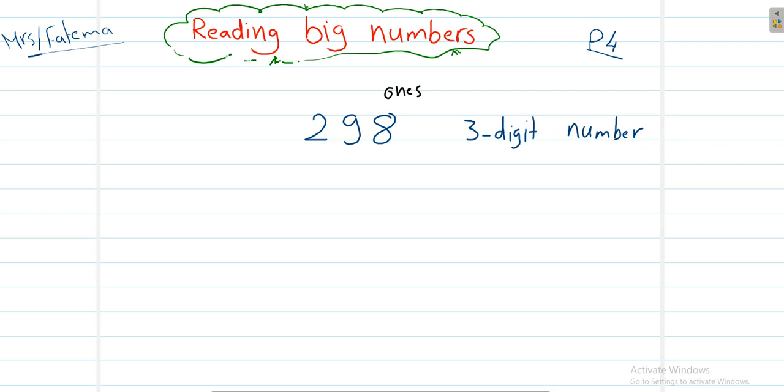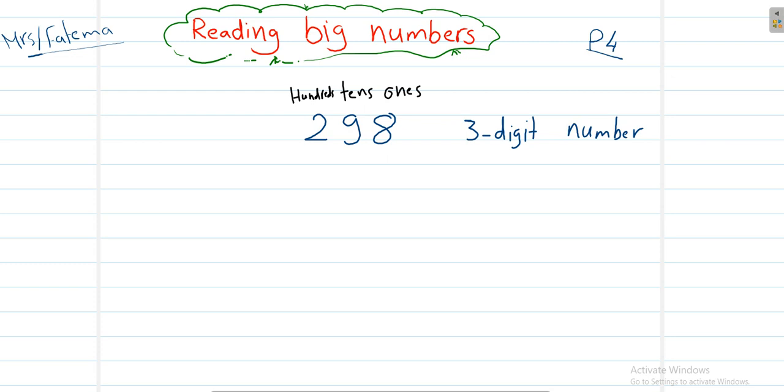The 9 here is in the tens. And the 2 is in the hundreds. So I have now 3 places. The first place is ones, the second is tens, and this digit is in the hundreds.